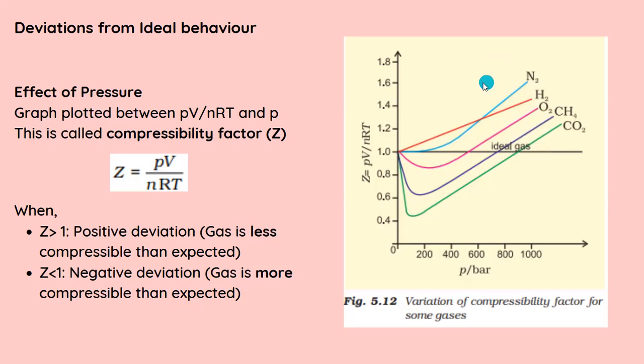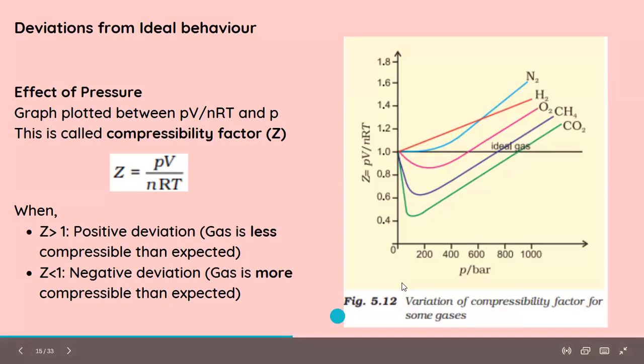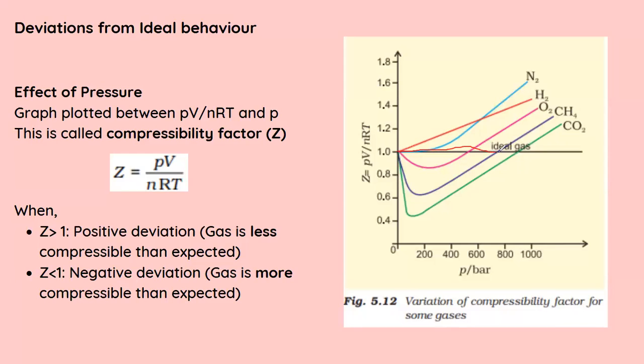So all these gases above 1, including this particular area, are going to be less compressible than an ideal gas, or than what we expect.